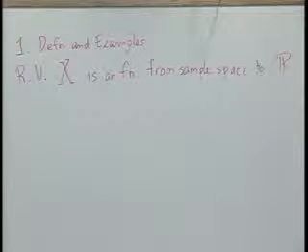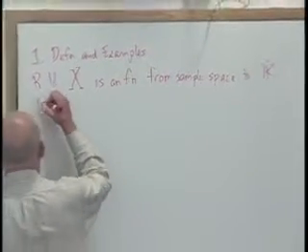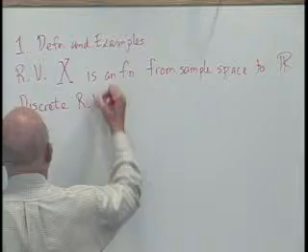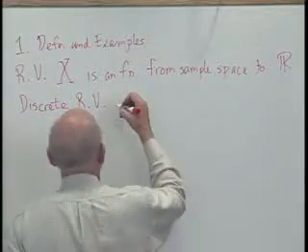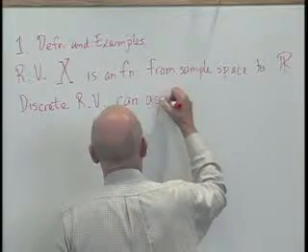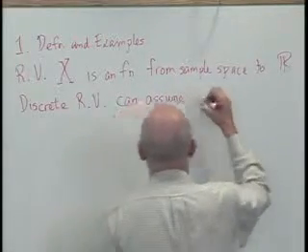We're only going to consider discrete random variables. And what makes a random variable discrete is that it can only assume a countable set of values.